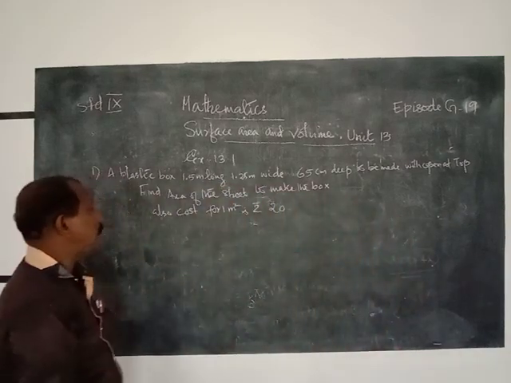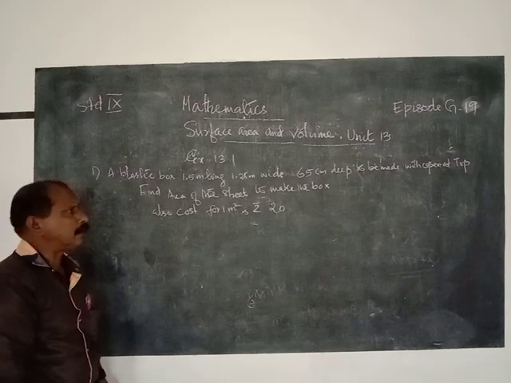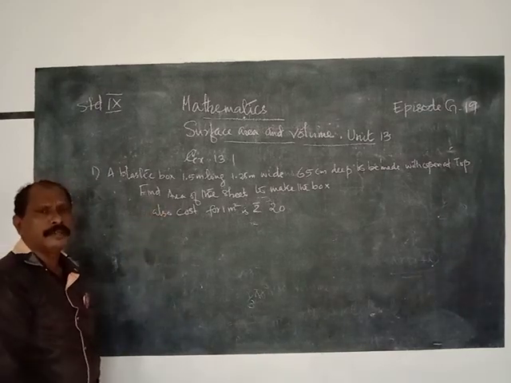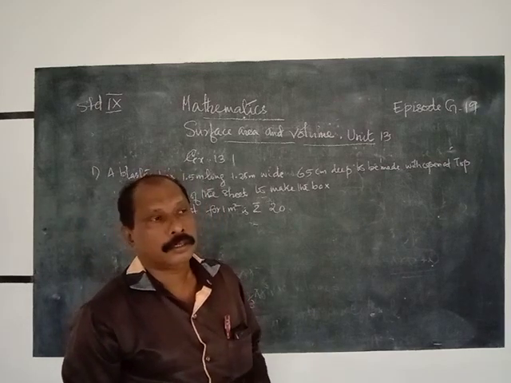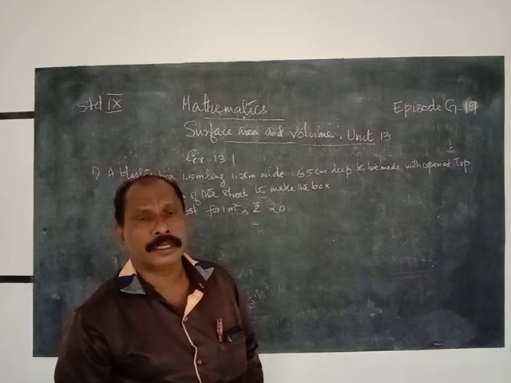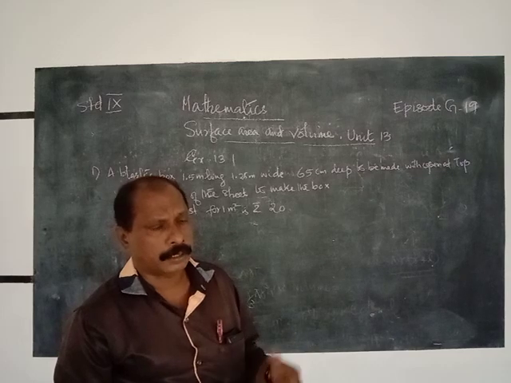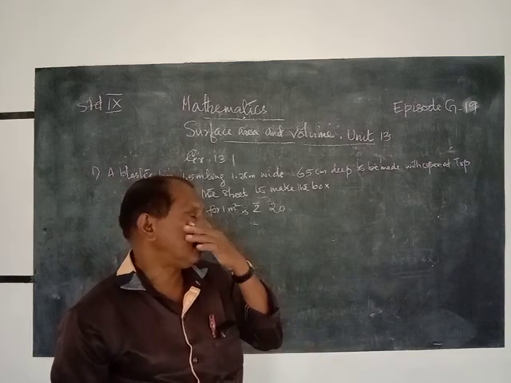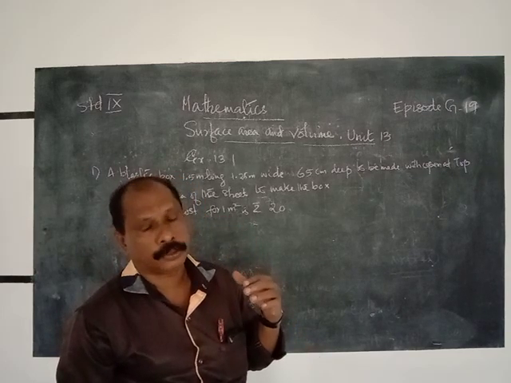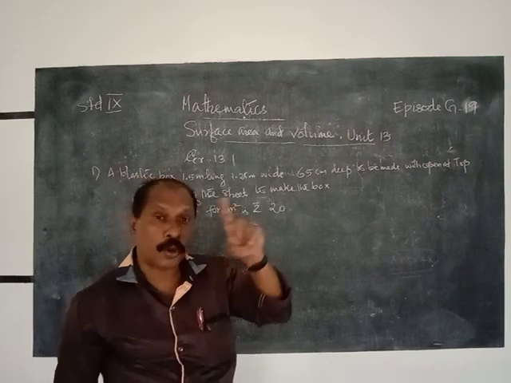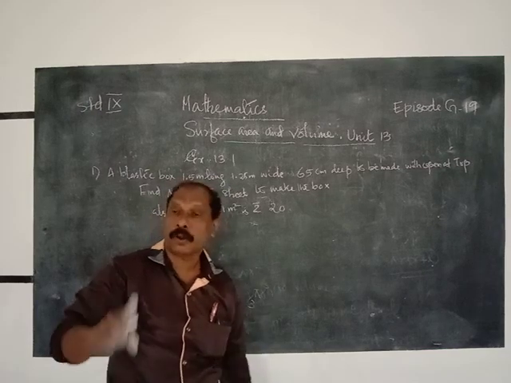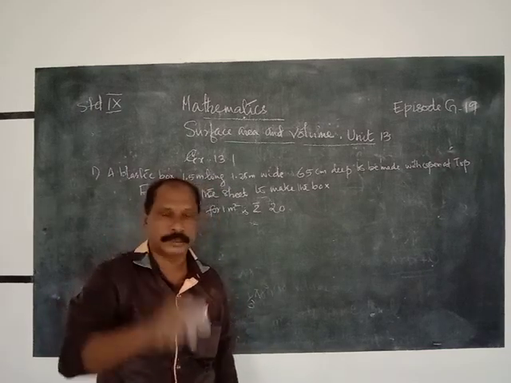This is the question. That means for a plastic box, the length, width and height are given. We can find out the surface area to make that with the sheet, and from it the cost of the sheet. The top is open, therefore only one base, not two bases.